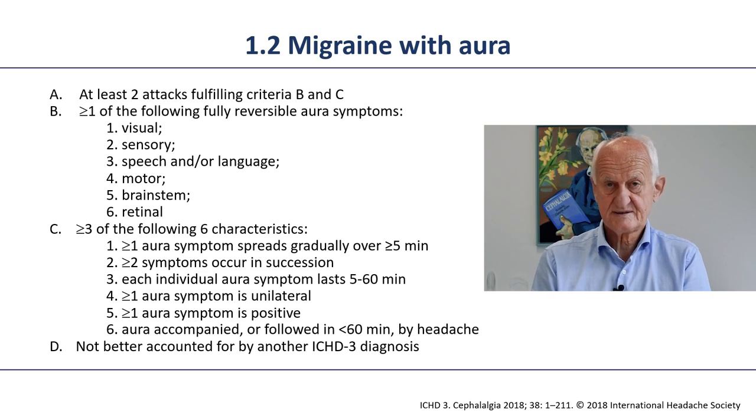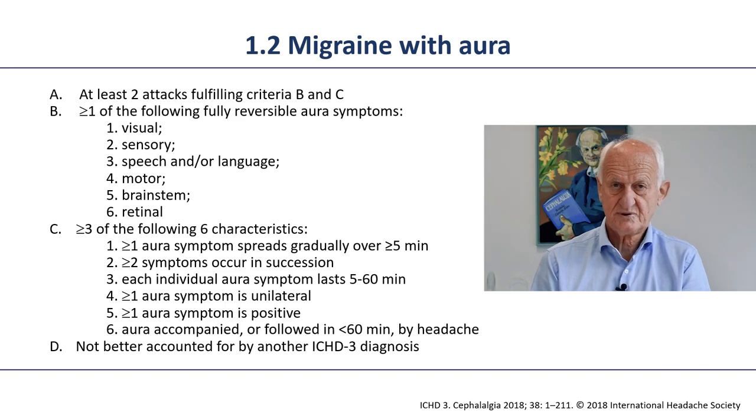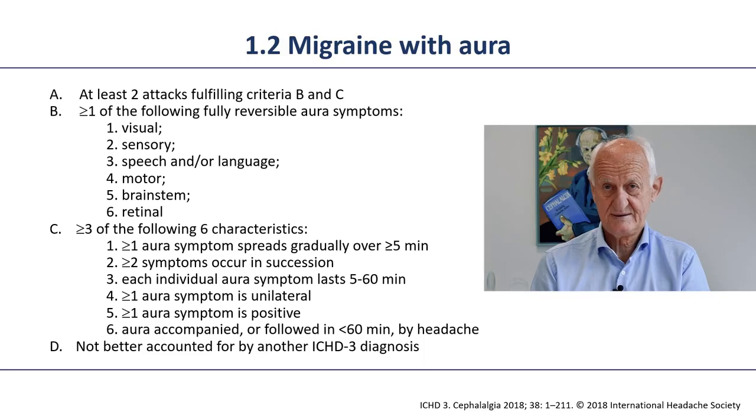3 out of these 6 are necessary to make the diagnosis, and the 2 most important are the gradual spread and the fact that symptoms can be positive. And this is the most important to distinguish from transient ischemic attacks, which, as you know, last almost the same amount of time, and are also transient, and in other words, could mimic migraine with aura.